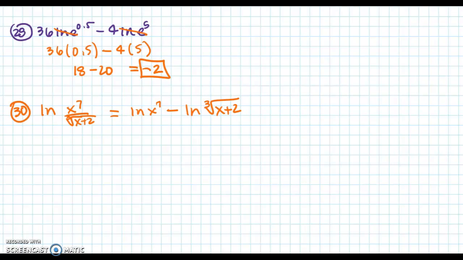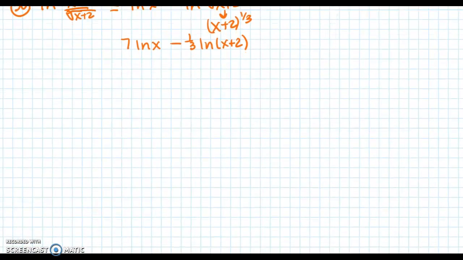And it's a cube root. And remember that the cube root can be rewritten as a third. So this is the same thing as x plus 2 to the 3rd power. So your final answer when you bring the power out is 7 ln x minus 1/3 ln of x plus 2.